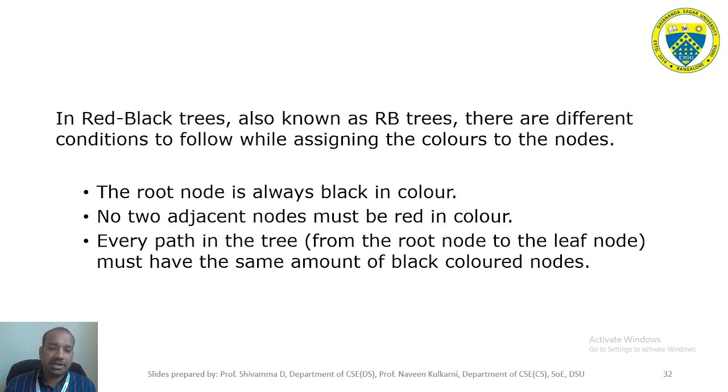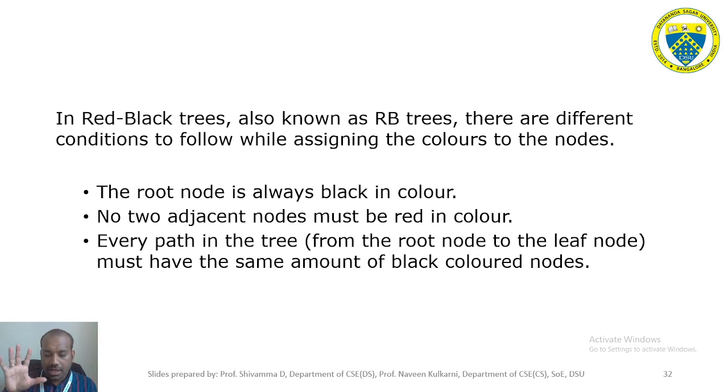The next property is that if you are going to insert a new node other than the root node, so I have a root node, and the next node that you are inserting, I will call it a new node. Whenever you are inserting a new node, that particular node is colored red. And one more condition is that you should not have two red color nodes adjacent to each other. So that's the second condition.